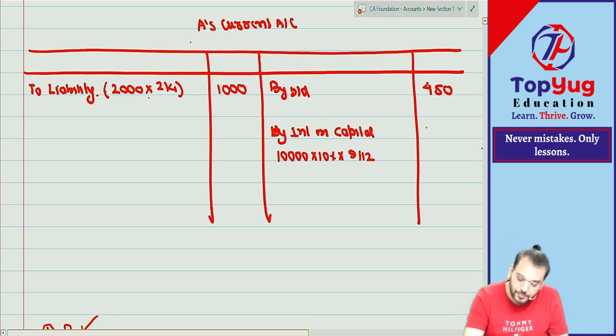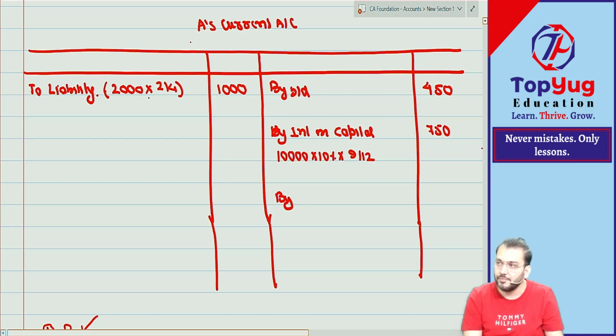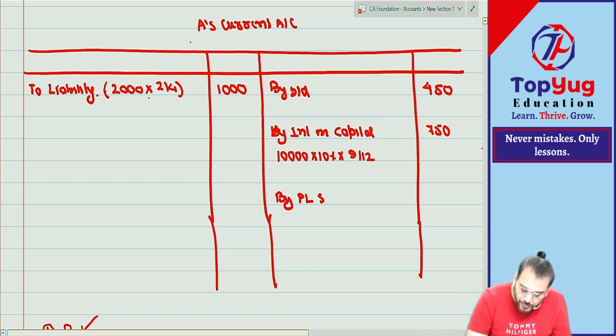How much? 750. Then he is also entitled to a share in profit. So P&L suspense account.